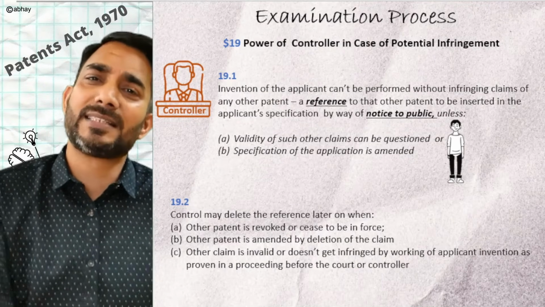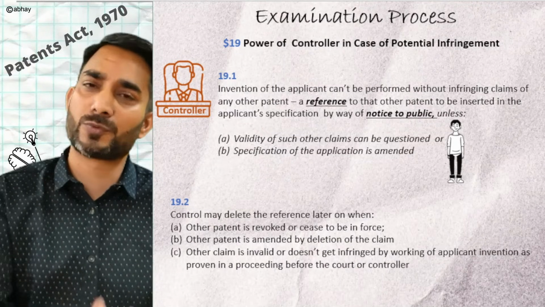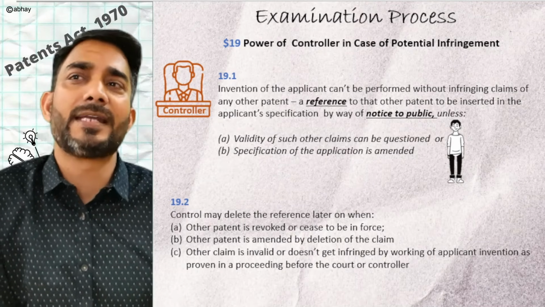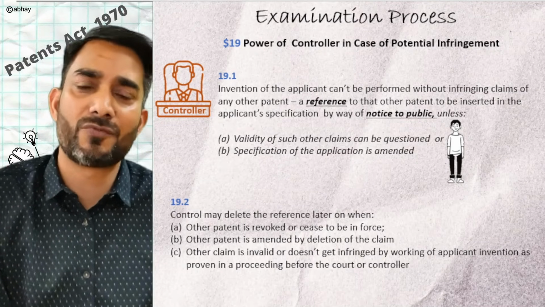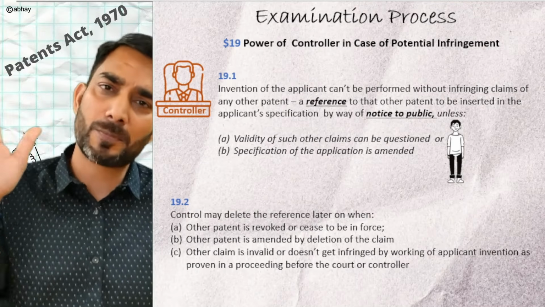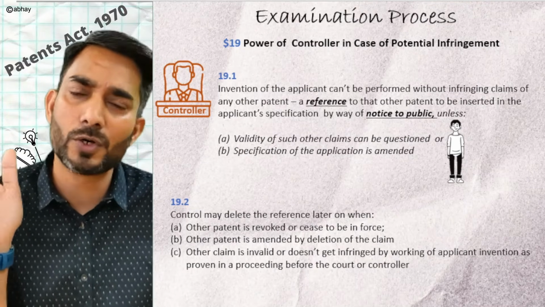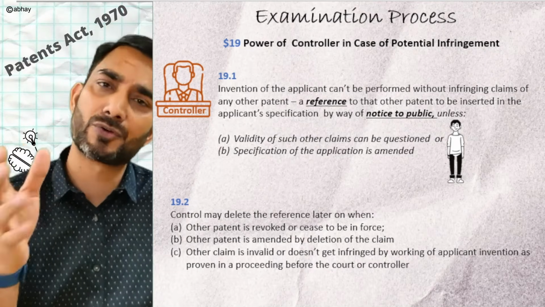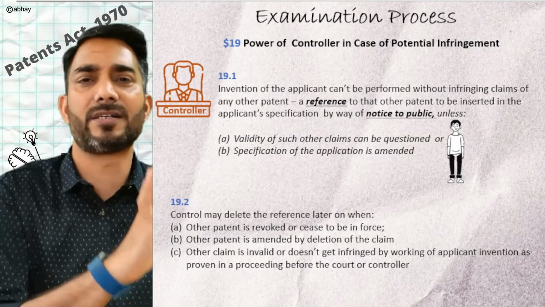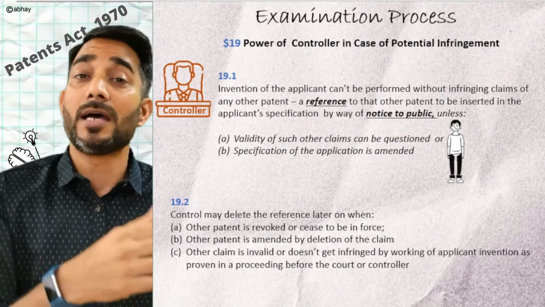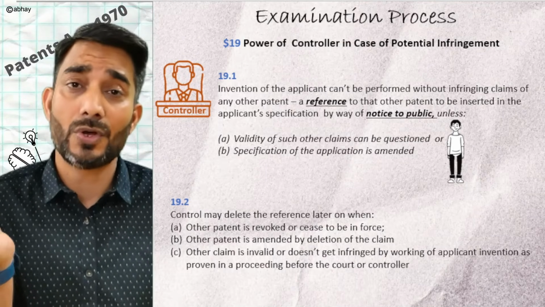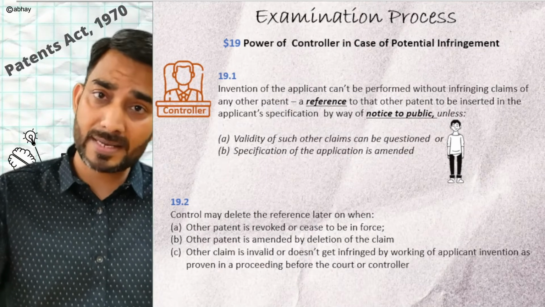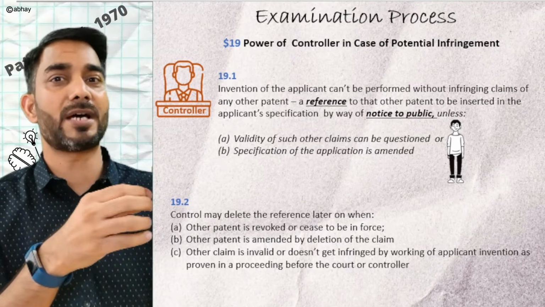Now consider a scenario where such a reference was inserted, and now we are in a situation where that particular patent is revoked or ceased to exist. In such case, the controller may delete the reference. There could be another scenario where the other patent got amended and the claims are removed from there.